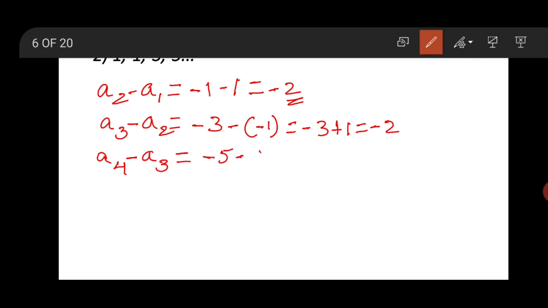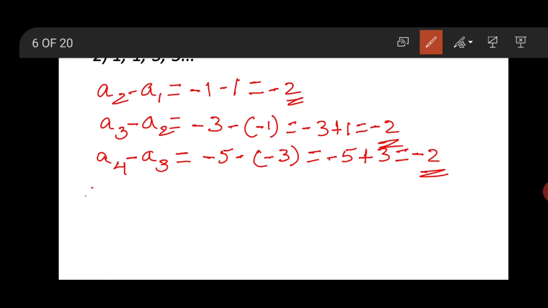A3 is minus 3. Minus of minus 3, that is equal to minus 5 plus 3, so it is also minus 2. See, minus 2, minus 2, minus 2.